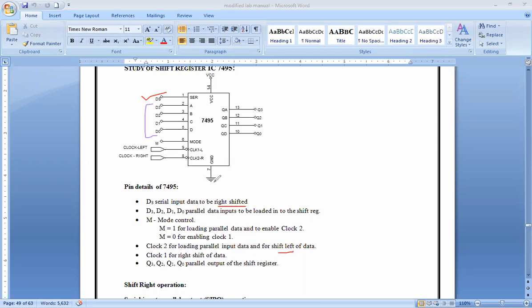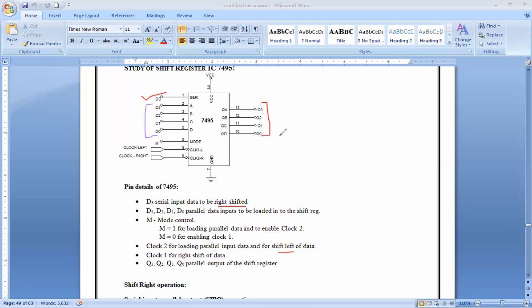Then we have Q0, Q1, Q2, Q3. These are the output pins. Input pins are D0 to D3. Serial data input is DS. Mode is for loading the parallel data, and the clock pins are for enabling clock 1 or clock 2.